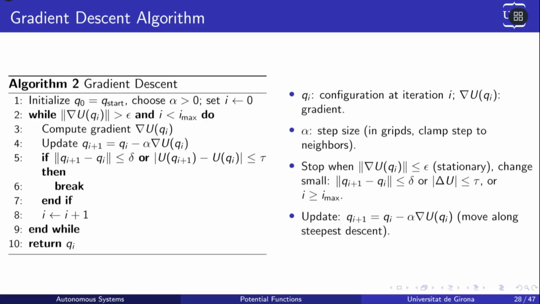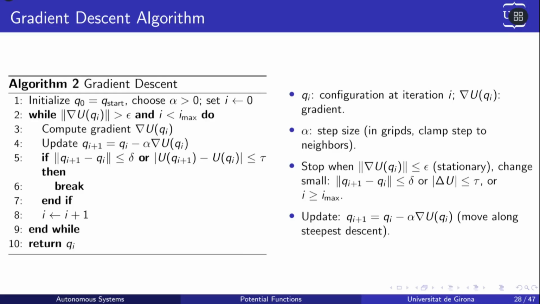While the gradient of the current configuration is bigger than epsilon, remember if the gradient is 0, we are stuck because we have reached the goal or because we are in a saddle point or minimum, something like that. Because we don't rely a lot on exact numbers here, we always say if the absolute value is slightly bigger than 0, epsilon should be a very small number. And we have not reached the maximum number of steps. Again, it's just a safety measure to avoid getting stuck.